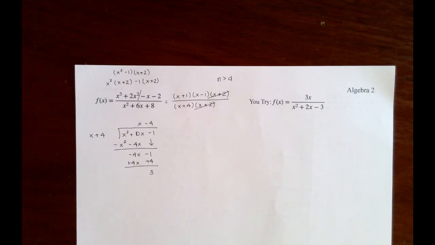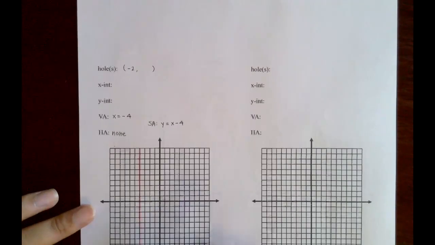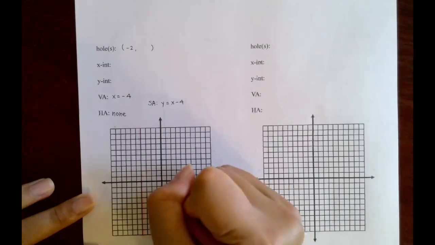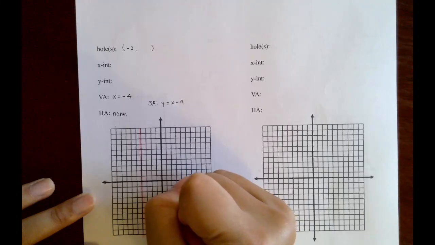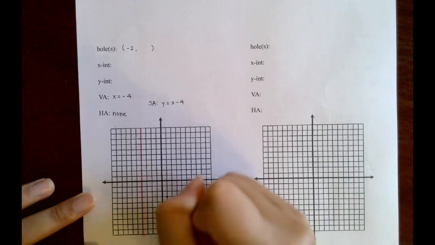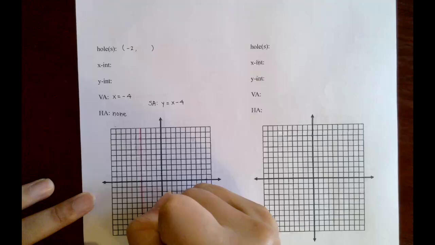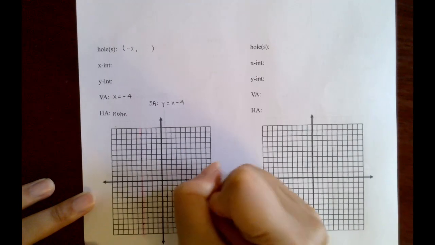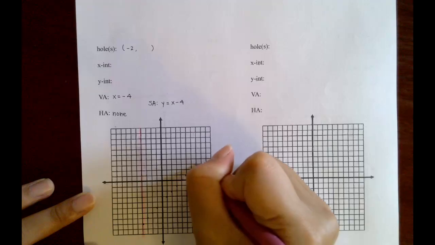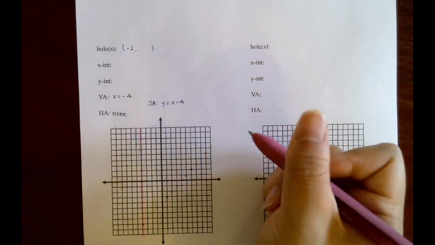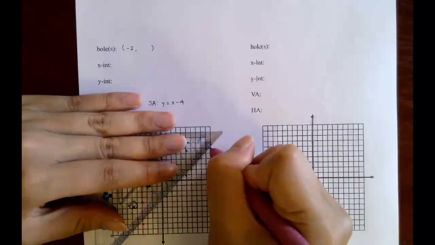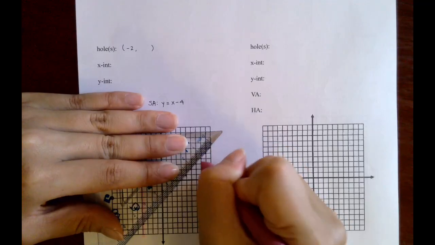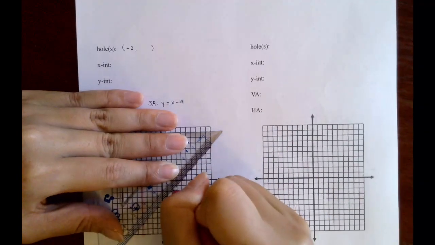Okay, so we're going to put our slant asymptote here at x minus 4. So 1, 2, 3, 4 here. And then slope is 1. There we go. Connecting this for the asymptote.